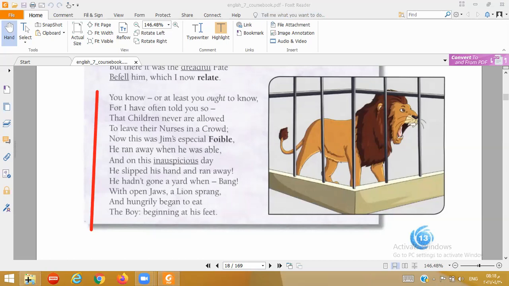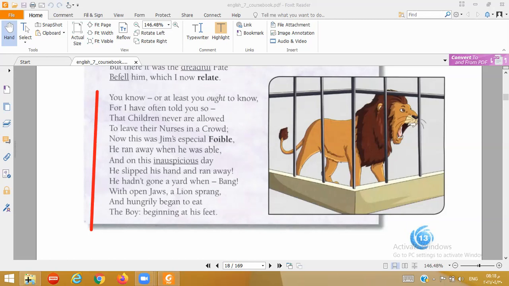He ran away when he was able, and on this unauspicious day, he slipped his hand and ran away. He hadn't gone a yard when bang, with open jaws, a lion sprang and hungrily began to eat the boy, beginning at his feet.